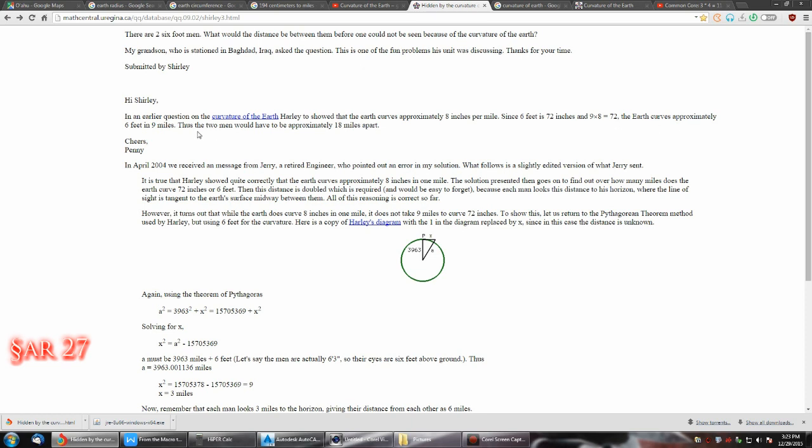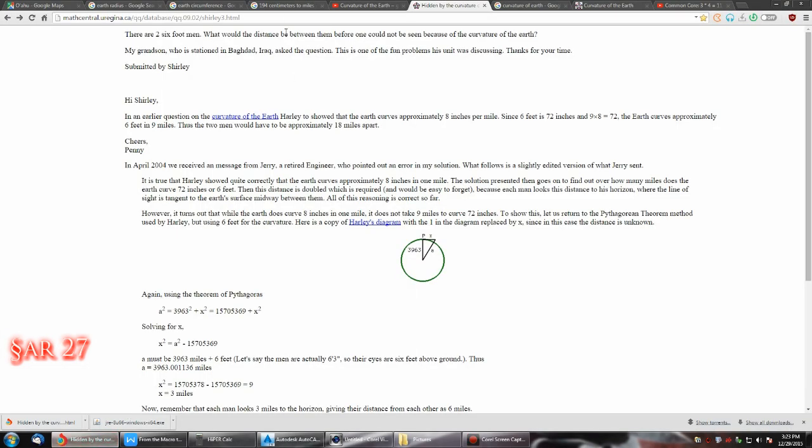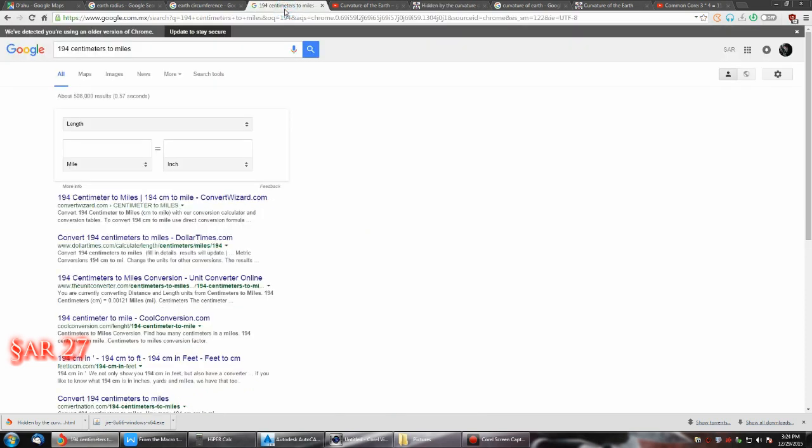Earth curves approximately 6 feet in 9 miles. Okay, now that's our 9 mile mark. And I'm going to do 72 inches and see if it touches. Wait a minute, but first, I forgot. We have to convert the inches to miles.